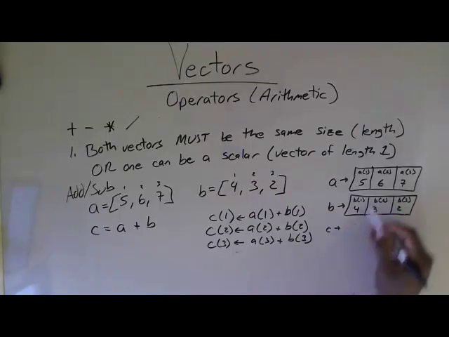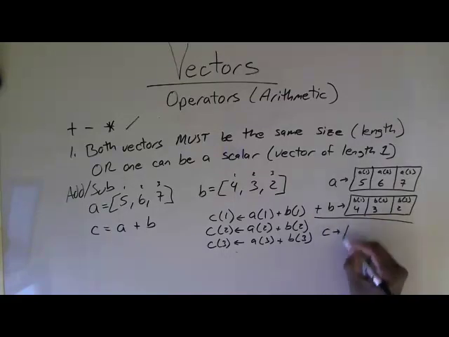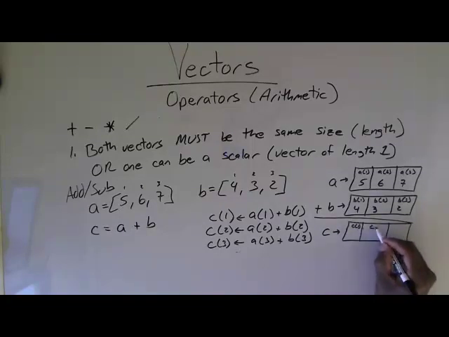Then vector C, you can almost think of it as the addition of them, where C1, C2, C3 is going to be 9, 9, and 9.